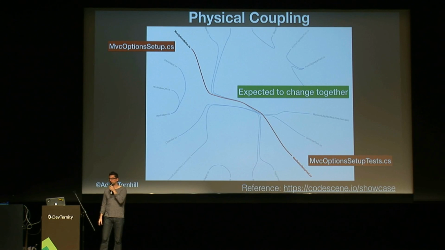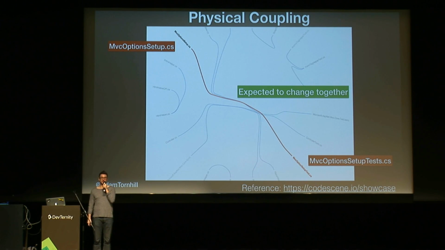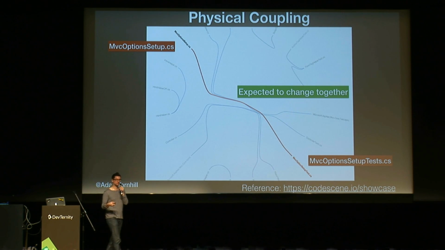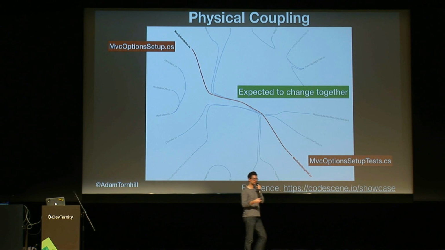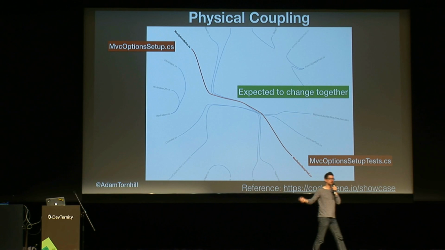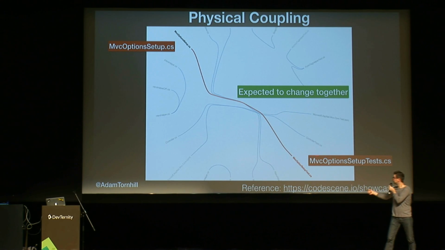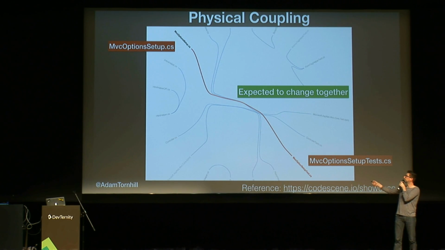This is a case study I did on ASP.NET MVC. And if you worked with ASP.NET MVC, you know that they have been focusing a lot on automated tests. So, as a consequence, a lot of the temporal dependencies you will find is something like this, that you have a unit test that changes together with the unit under test.